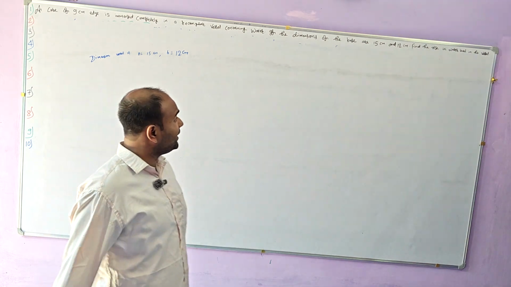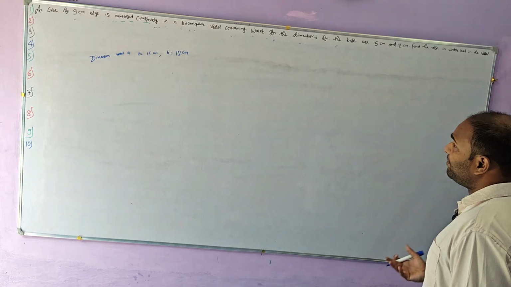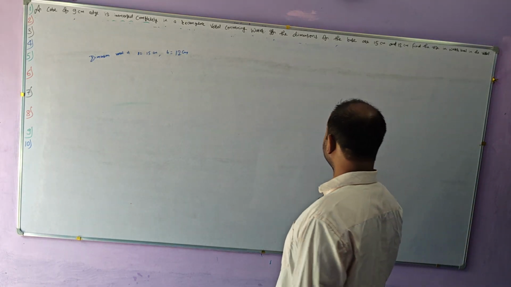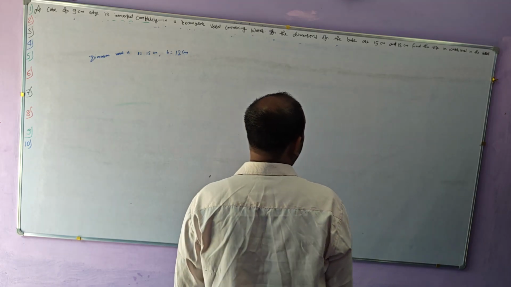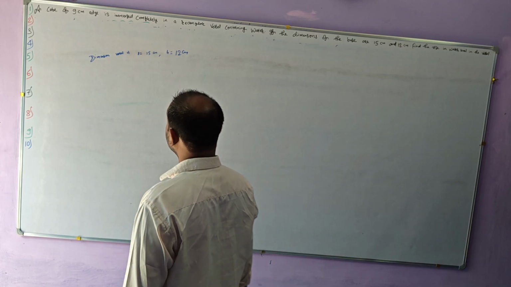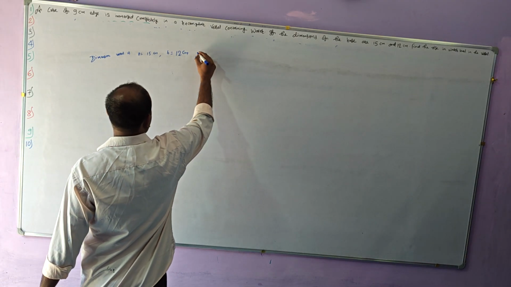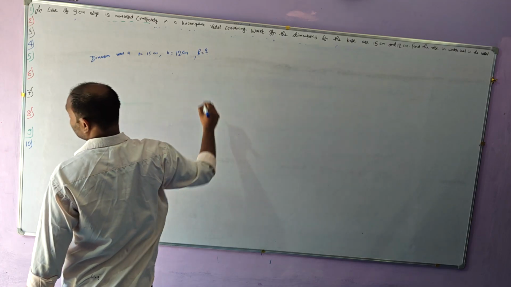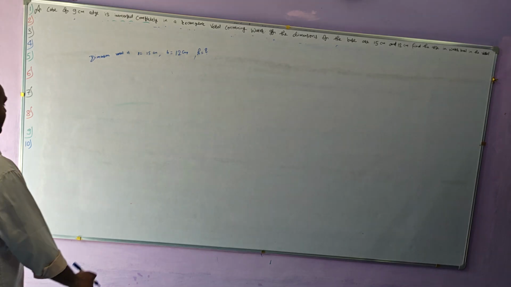Basically, that is the base, L into B. We need to find H, and we have a cube of 9 centimeter.